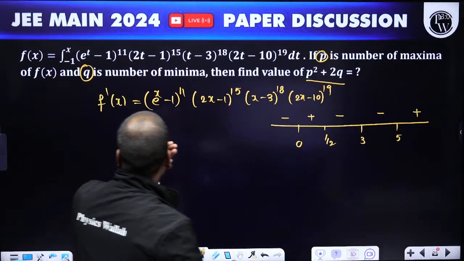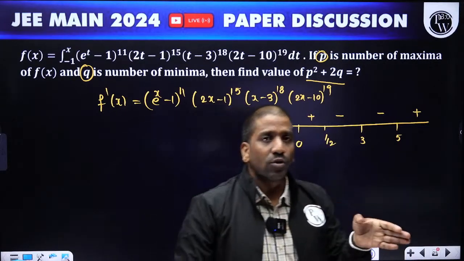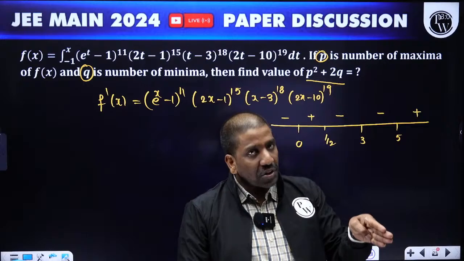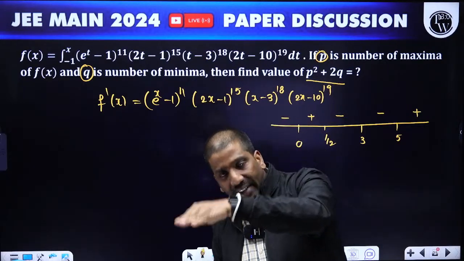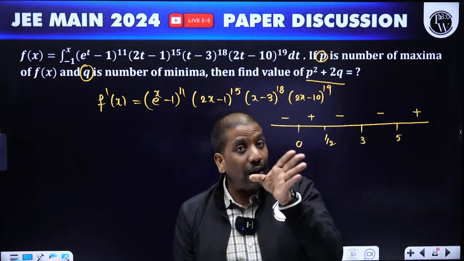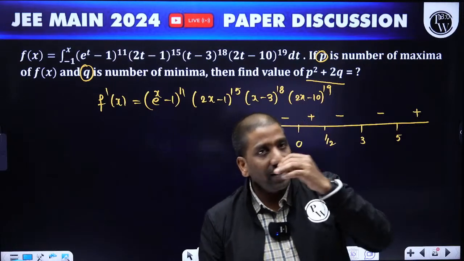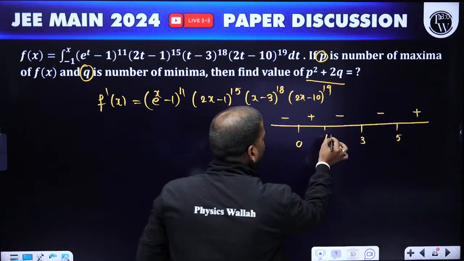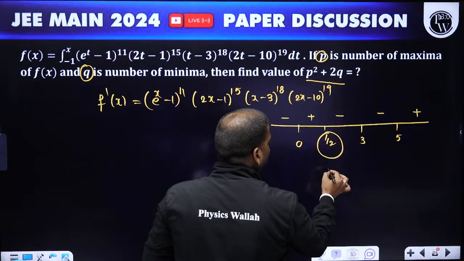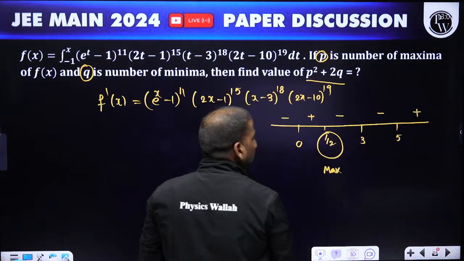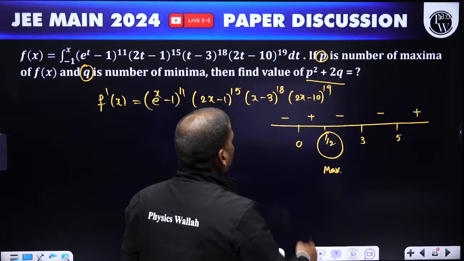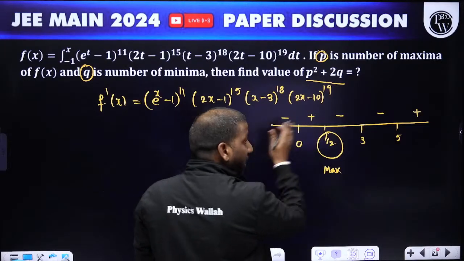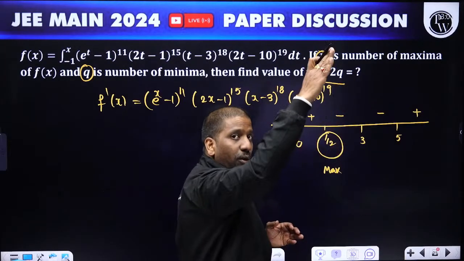So in such cases, maxima means left side increasing, right side decreasing. So left side increasing means left side positive and right side negative. Left side positive, right side negative: so for 1 by 2 it is there. So it is a point of maxima. So at 0, left side negative decreasing, right side positive increasing.